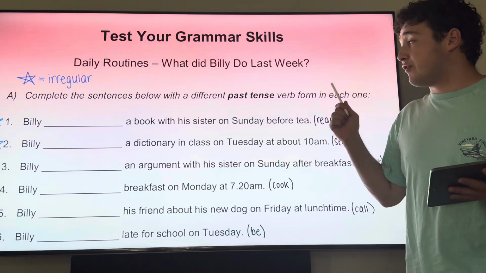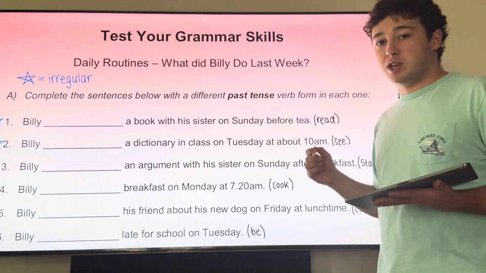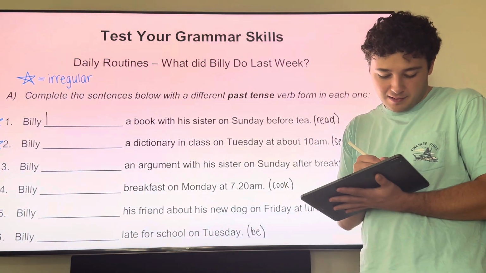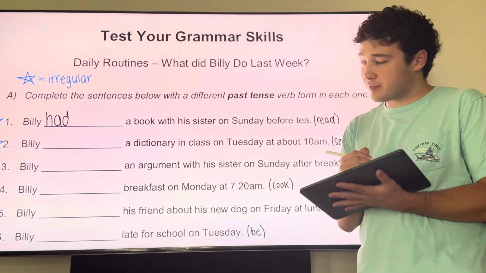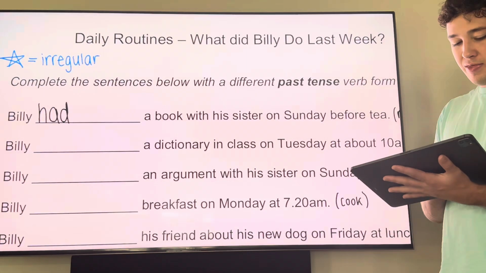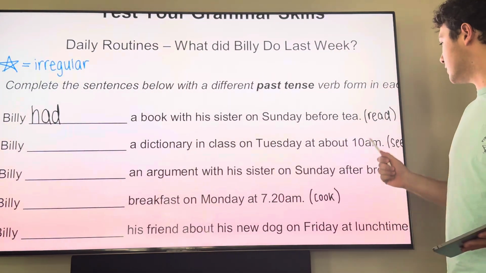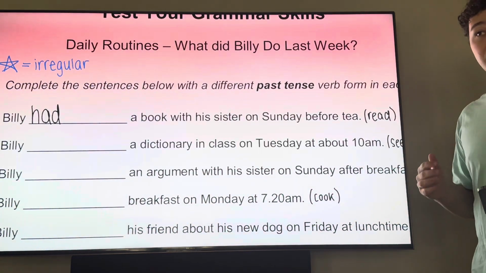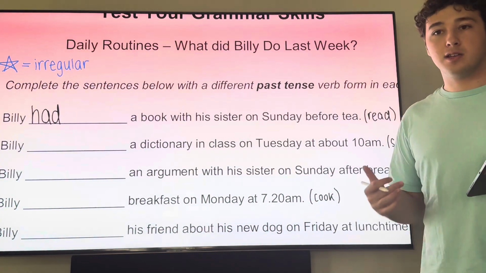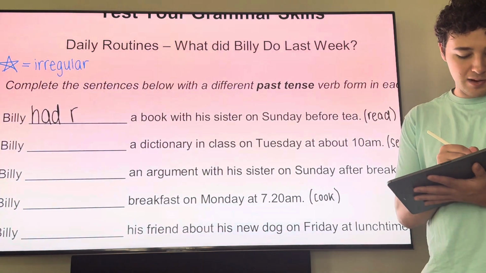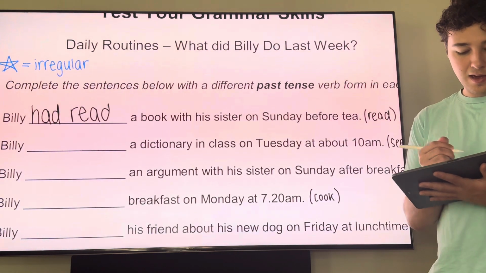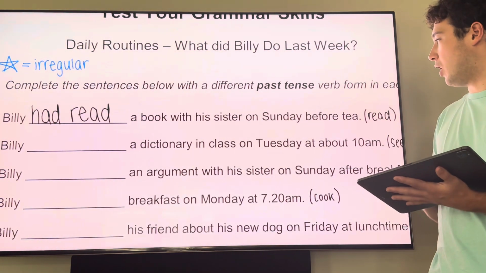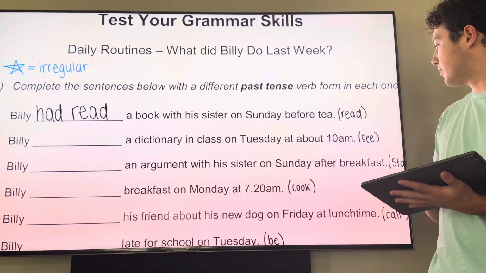Now, the first thing you always want to do is make sure you have had. And then the verb that they give you is read, and the past of read is read. So Billy had read a book with his sister on Sunday before tea.